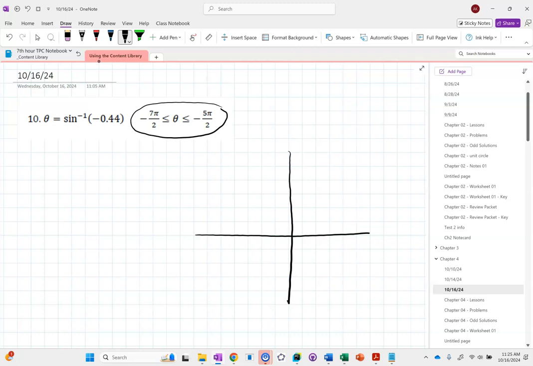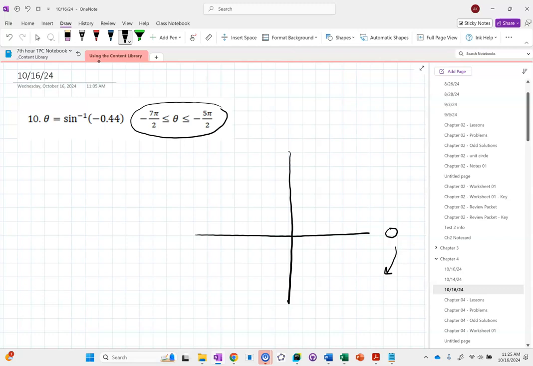Everybody agree with that? That tells me that my answer for theta is negative. So I'm going to start by figuring out what two quadrants are covered from negative 7 pi over 2 to negative 5 pi over 2. And since those are negative values, I know I'm going to be going clockwise as I do my counting.